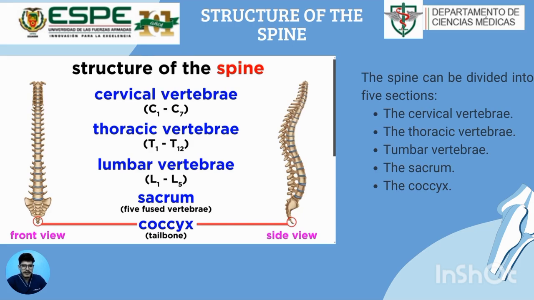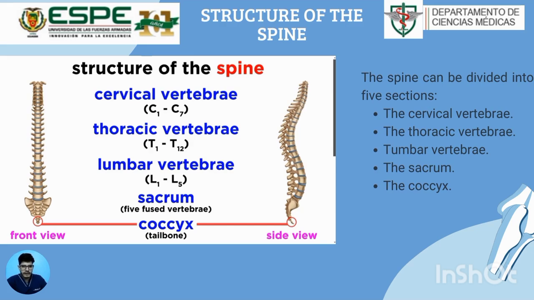The remaining 5 are called the lumbar vertebrae, known as L1 to L5. These vertebrae are larger and more robust to support more weight and provide greater stability, especially in the lower back.